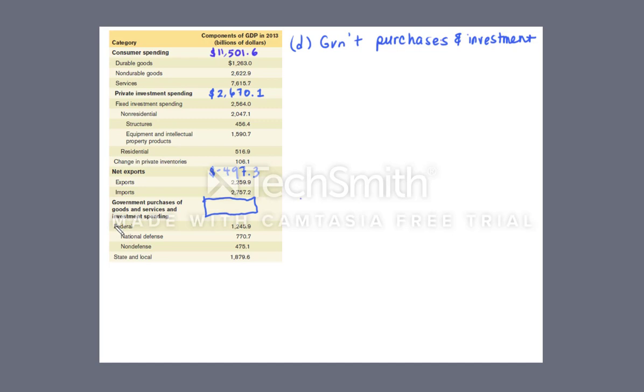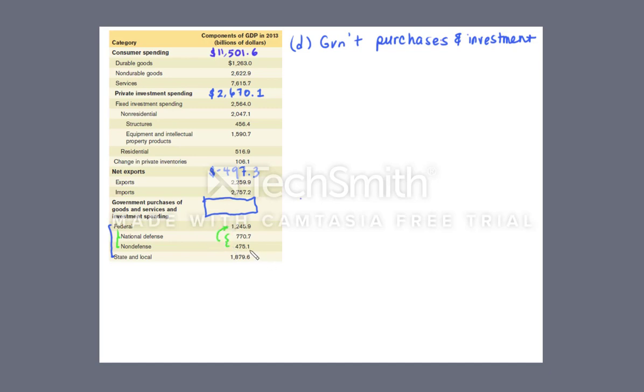Or we could notice that federal spending is further decomposed into national defense and non-defense, so we could also add these two components to get the number for federal expenditure and investment.